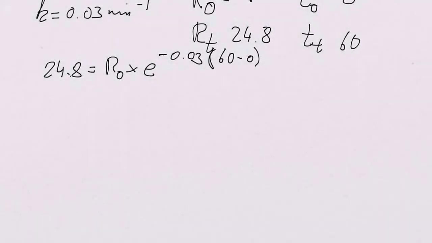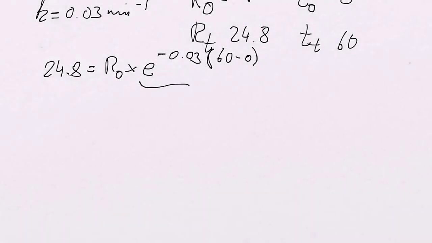So we can simply calculate it. 60 minus 0, that's 60 still. So that would give us e to the power of minus 1.8. Have I done that right?